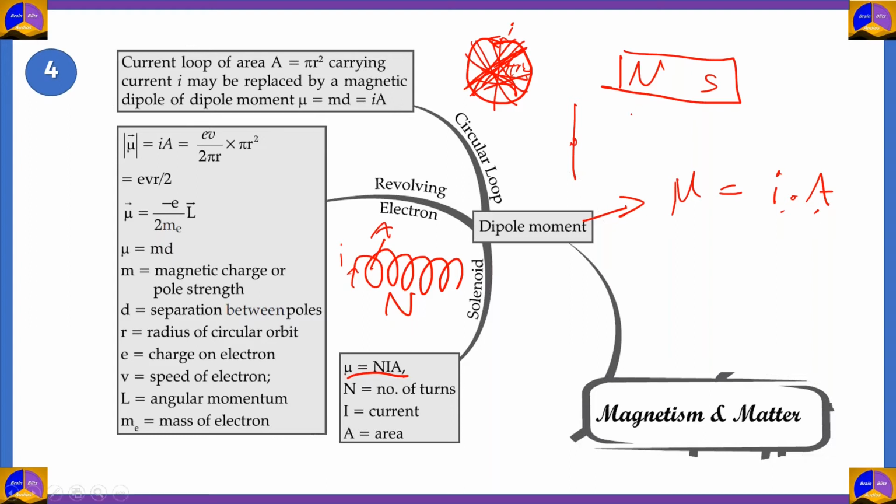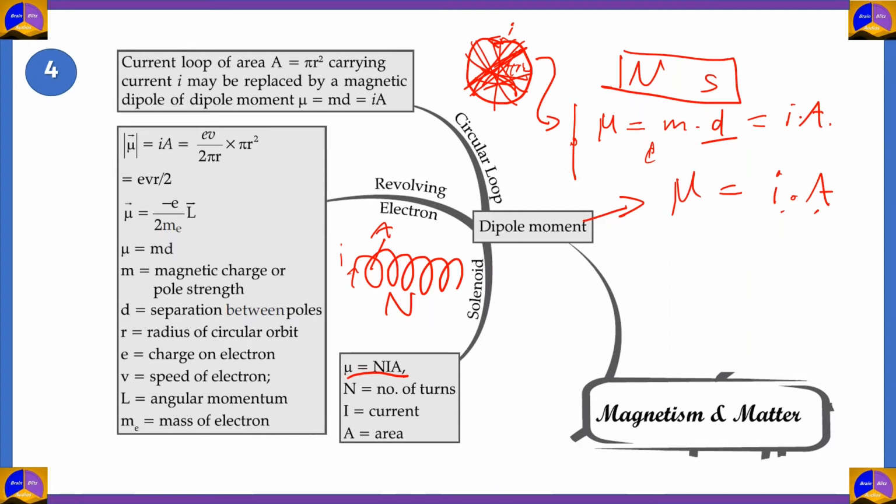So we can basically replace the current loop by a dipole, and this dipole has the magnetic moment as m times d, which is also equal to I times A. M stands for pole strength, and D stands for the separation between the two poles. So that's how we can find out the dipole moment of a circular loop.